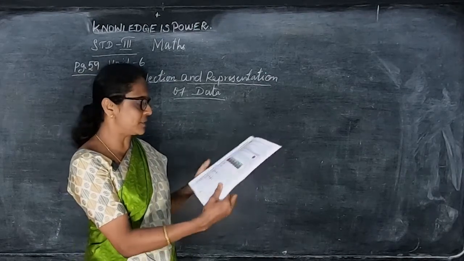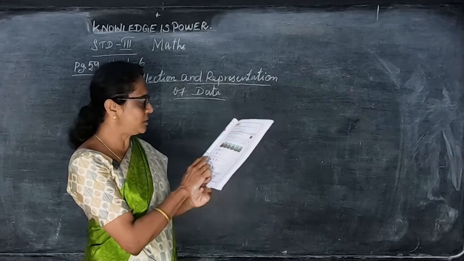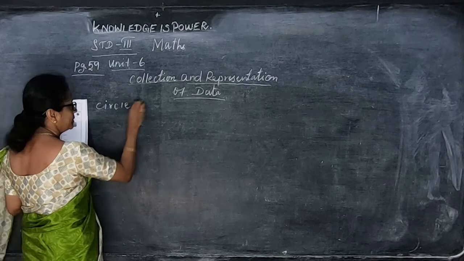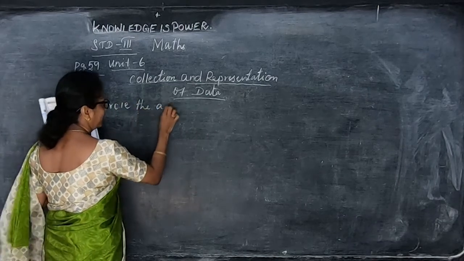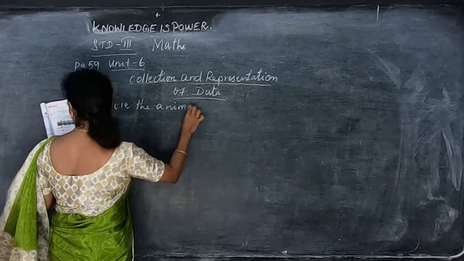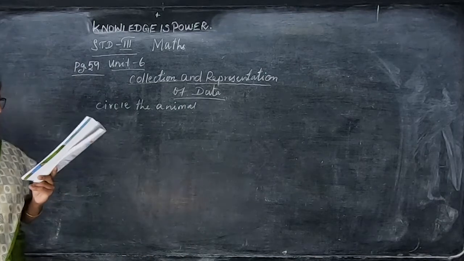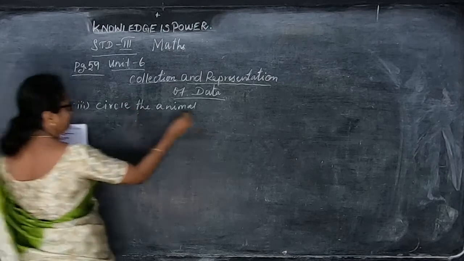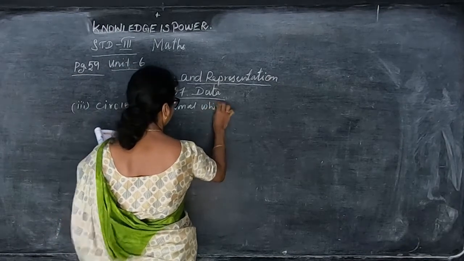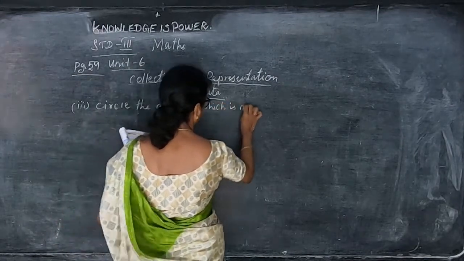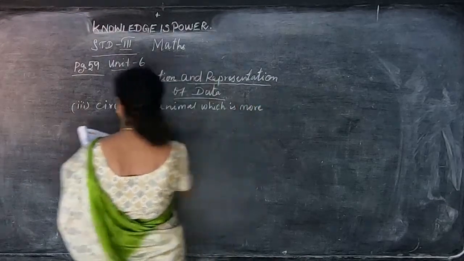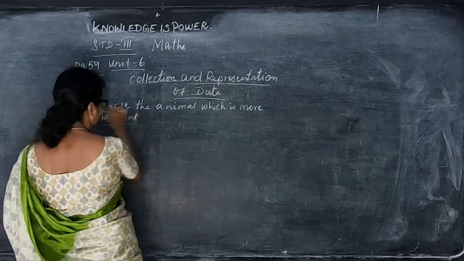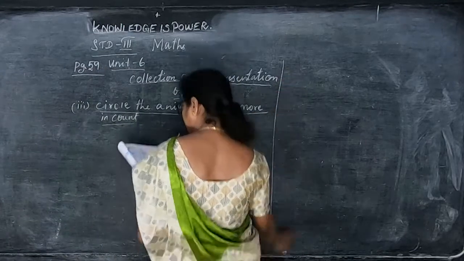So number of animals. In the third one, what is the question? Circle the animal which is more in count. So here we'll write this.